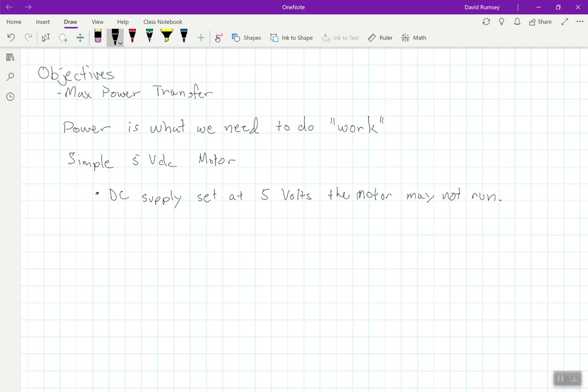And at first thought you're thinking, well, wait a minute, it's a 5-volt DC motor, it needs 5 volts to run, so I attach 5 volts to it, why doesn't it run? Well, it needs current as well.